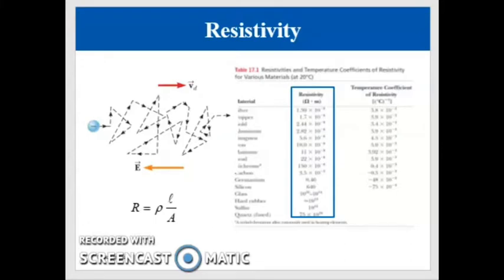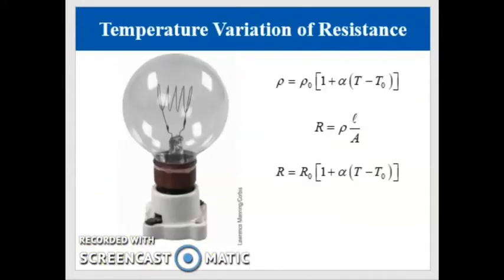Because resistance values are in ohms, resistivity values must be in ohm meters. The resistivity, and so the resistance, of a conductor depends on the temperature of the metal. For most metals, resistivity increases with increasing temperature.